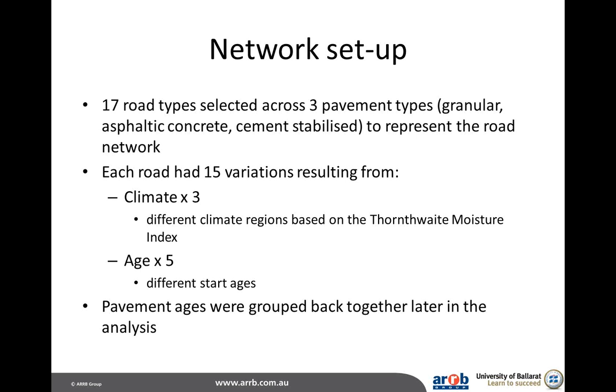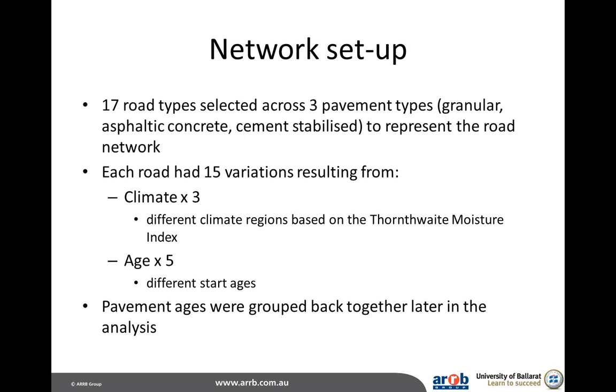Each of these 17 roads had 15 variations, and these variations came from 3 different climates. So we modelled the different climate regions using the Thornthwaite Moisture Index, and we also modelled 5 different ages, or 5 different start ages for each of these pavements. This is to prevent some starting point problems that can occur.